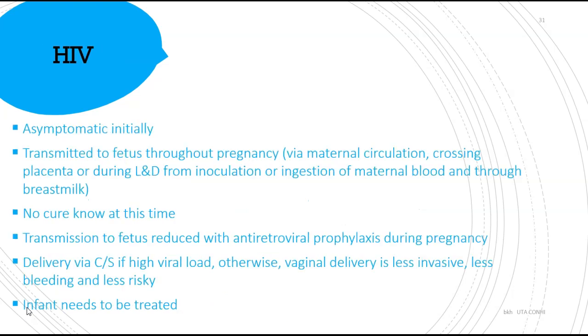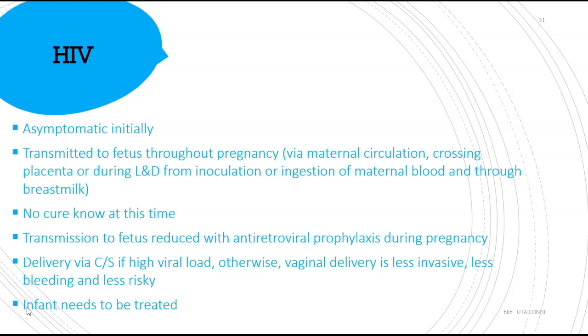We all know that HIV is frequently asymptomatic in the initial time frame, and it can be asymptomatic for many, many years. It is transmitted to the fetus through the placenta, through the mom's blood, through breastfeeding, through labor and delivery, or from ingestion of maternal blood and through breast milk.